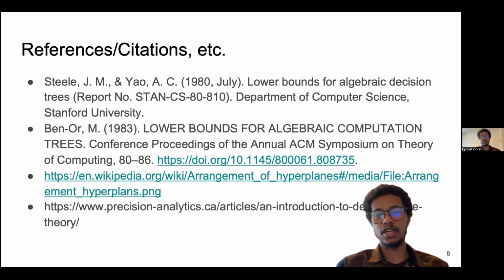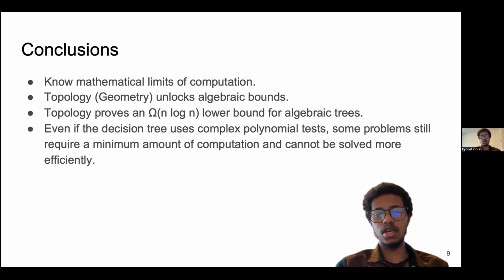These are the references that we used, two papers, and the other links are just for images. As a conclusion, we should know the mathematical limits of computation. We cannot go beyond a certain point in our algorithm. The geometry of a question unlocks its algebraic bounds, and the omega n log n for the element distinctness problem still holds till now.